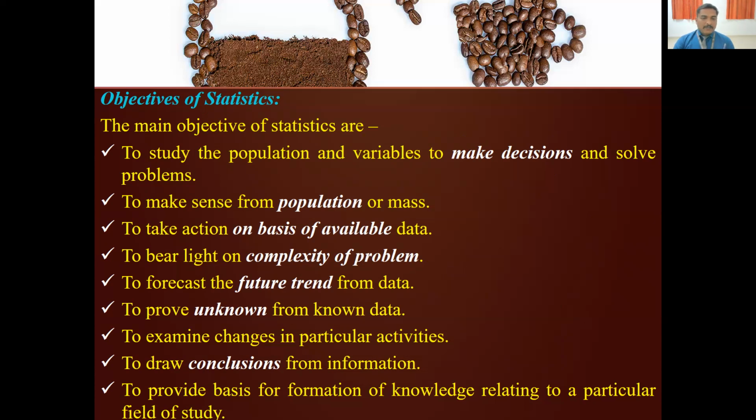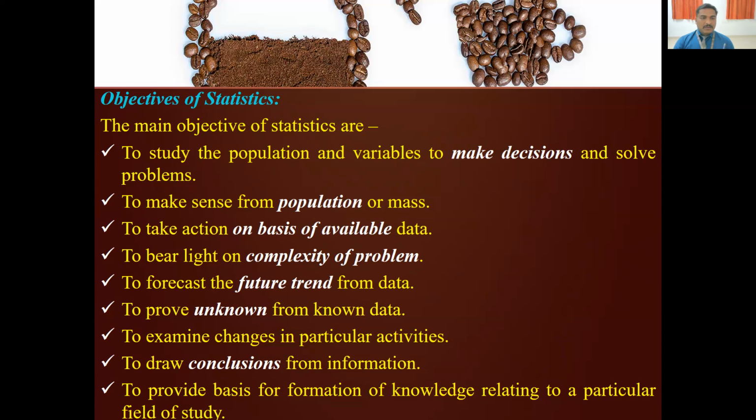Then we are able to prove unknown data by the known data. That's what I said. We may not know all the information of the population, but by having the sample, we have the data of the sample that we are able to apply to the population. And to examine the changes in particular activities: how things are changing in due course of time, we are able to analyze through statistics.